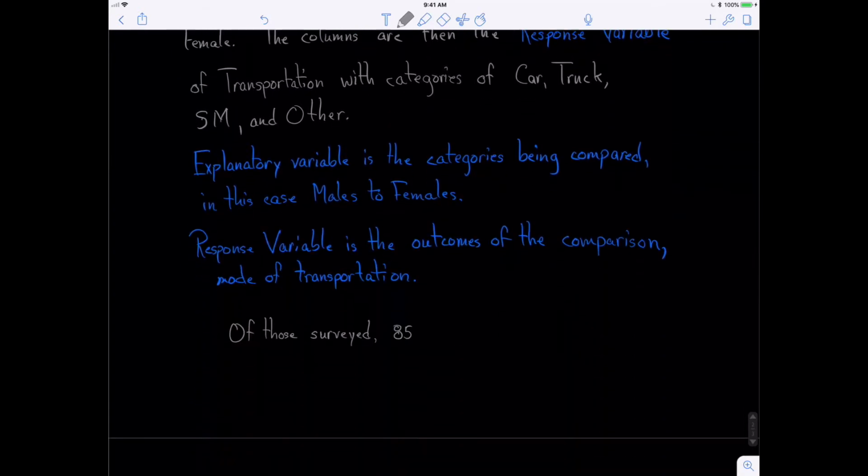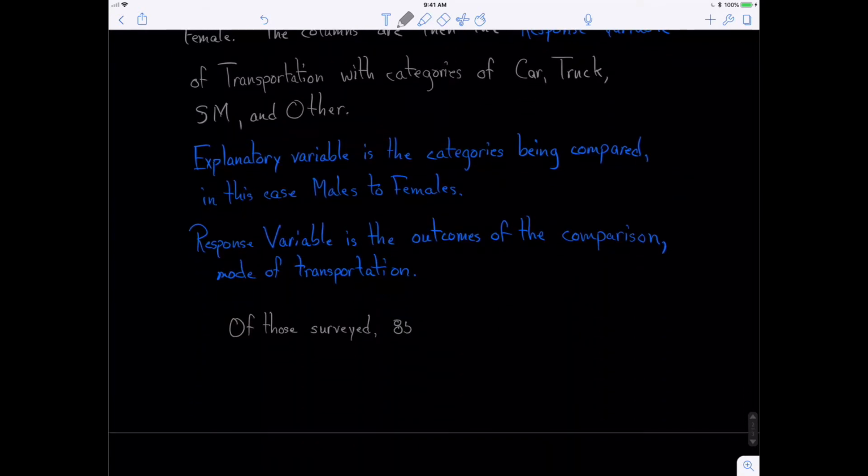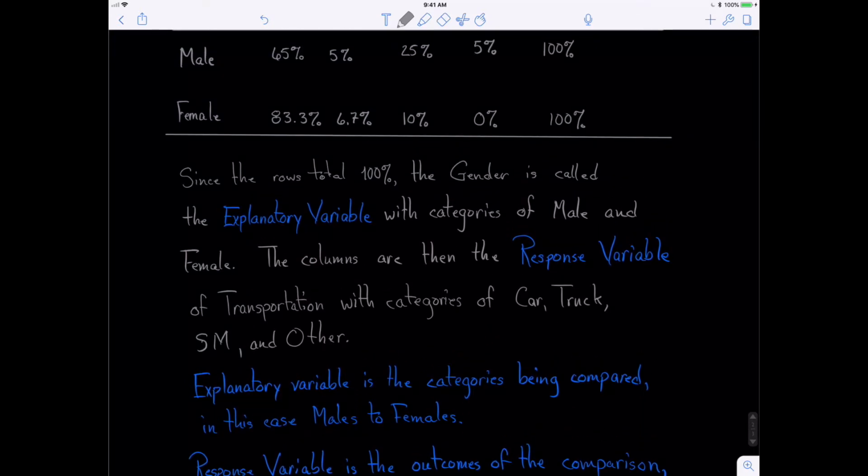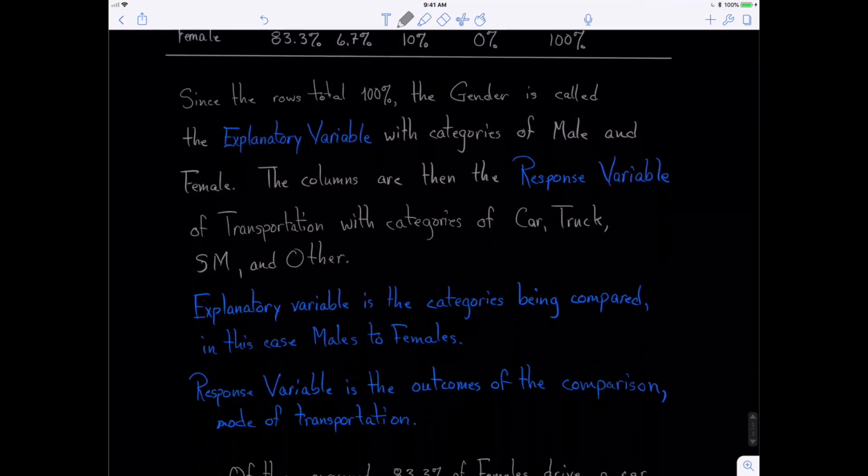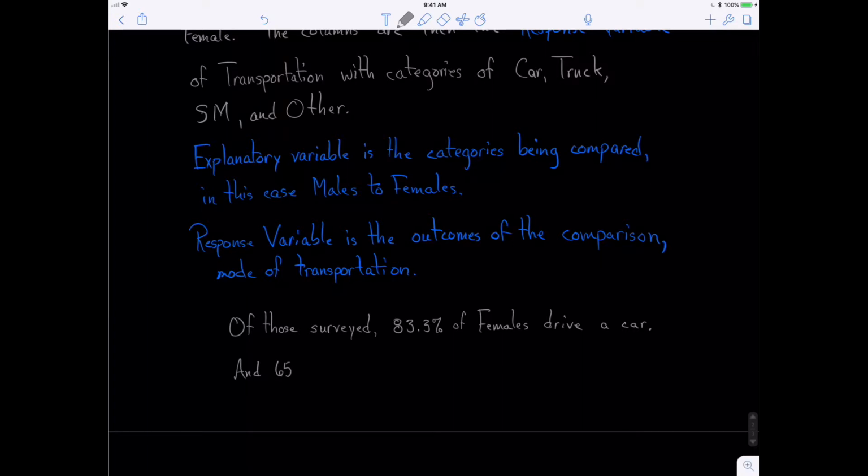Let's go check it, 83.3. 83.3% of females drive a car. And what did we have for our males? Let's double check. 65% of our males drove a car, so 65% of males drive a car.